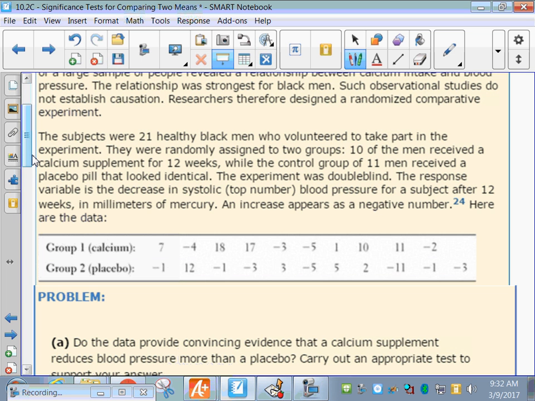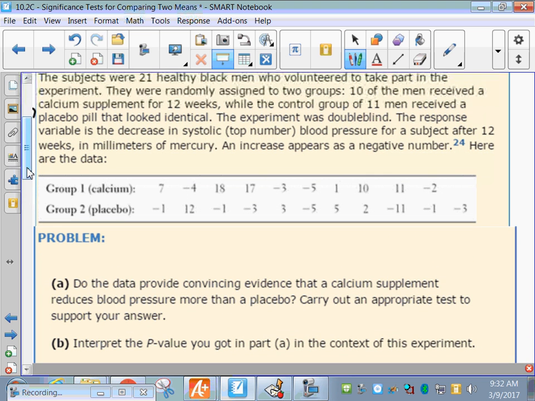The subjects were 21 healthy black men who volunteered to take part in the experiment. They were randomly assigned to 2 groups, so 10 of the men received a calcium supplement for 12 weeks, while the control group of 11 men received a placebo pill that looked identical. And the experiment was double-blind, so nobody knew what anybody was taking.